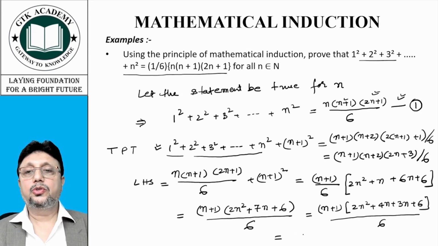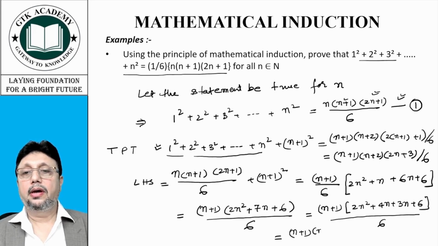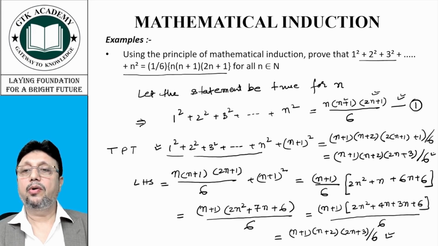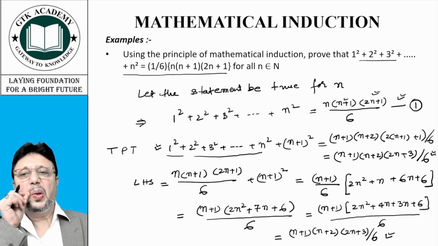So which comes to n plus 1 into n plus 2 into 2n plus 3 divided by 6. So this is what we were required to prove.